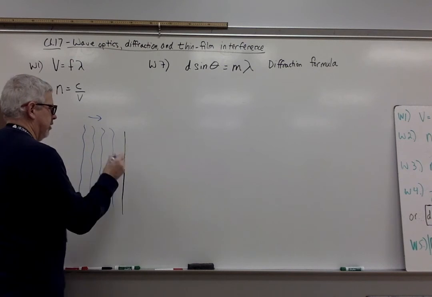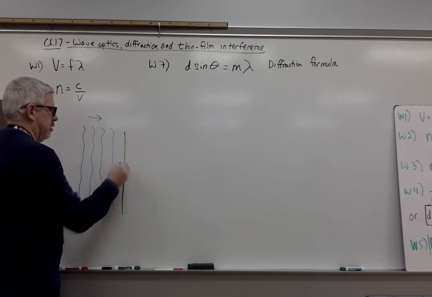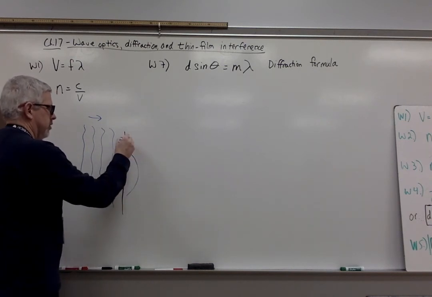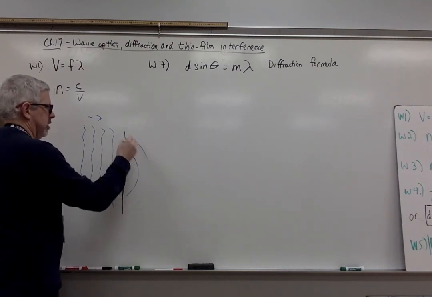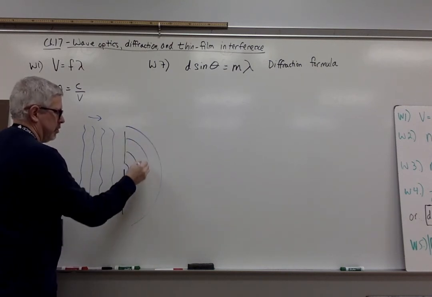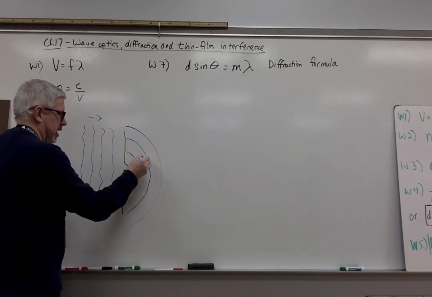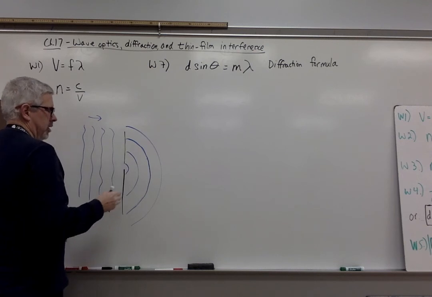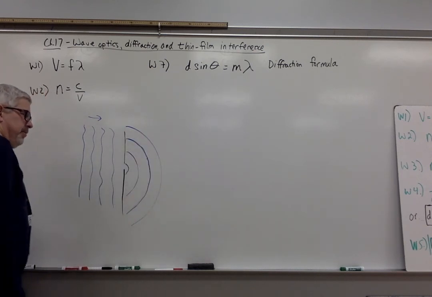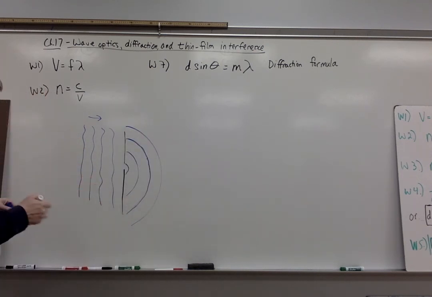So what's going to happen here is we'll see wave fronts that are like this. And your chapter talks about something called Huygens' Principle, which is why that happens. I'm a little less interested in that, although you probably should know it, than to see this particular pattern. So we see things spreading out like that.